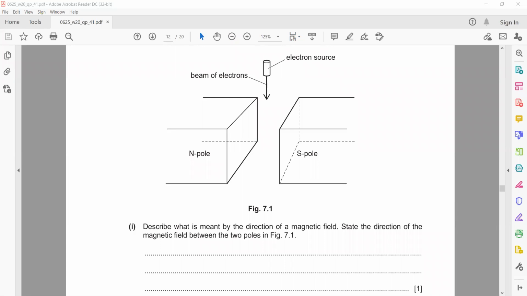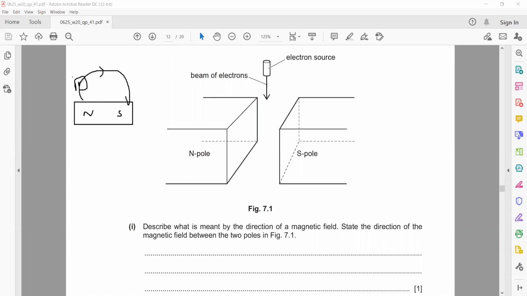the north pole moves. For example, if I ask what is the direction of an electric field, the direction of an electric field is the direction of force experienced by a positive charge. Same thing, the direction of a magnetic field is the direction of the force experienced by a north pole. Like if you have a permanent magnet and I ask what is the direction of the magnetic field, we draw it from north to south, but what is the meaning?